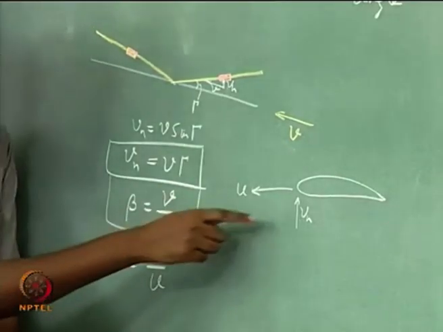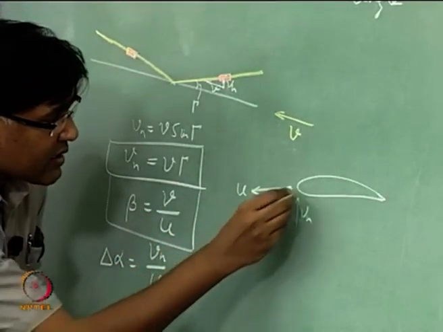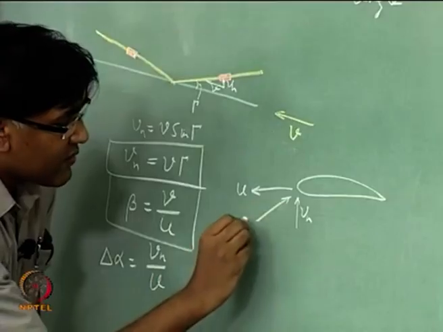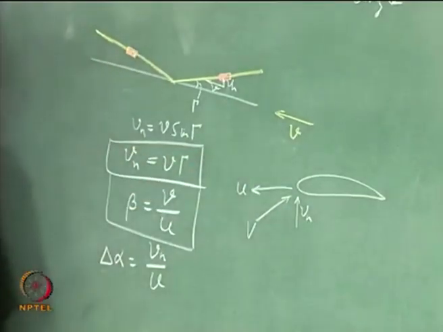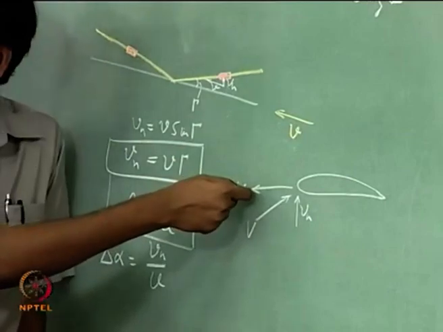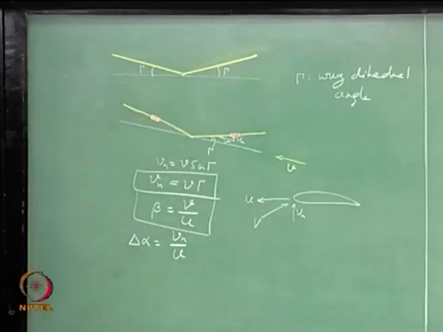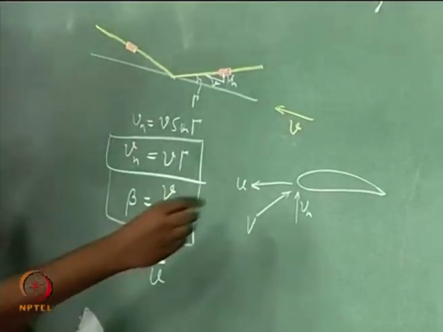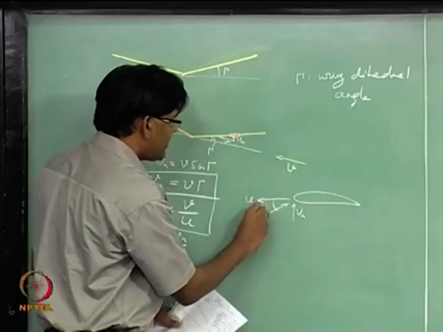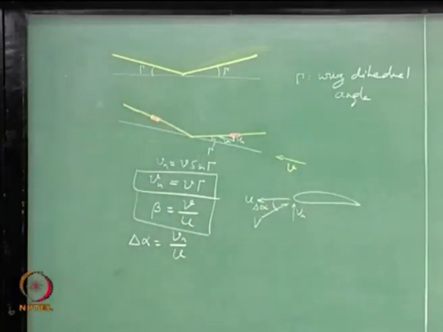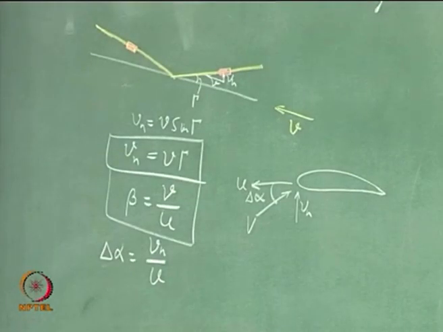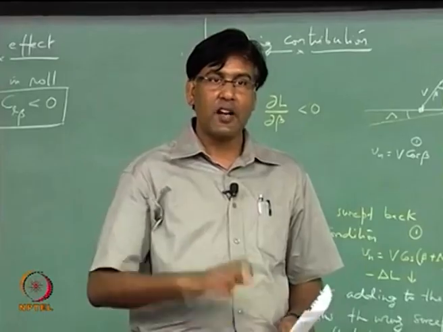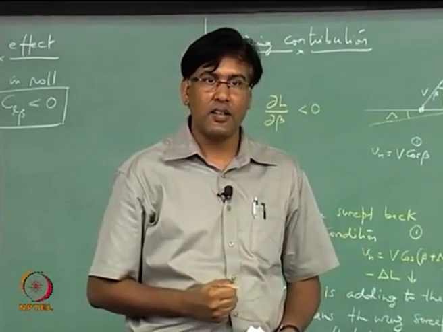Delta alpha is, now this is your relative velocity, what the airfoil section is seeing. So it has a forward component and a vertical component, isn't it? And I am going to measure this delta alpha. So you have a relative wind coming from down that will change the angle of attack in a positive manner, isn't it?